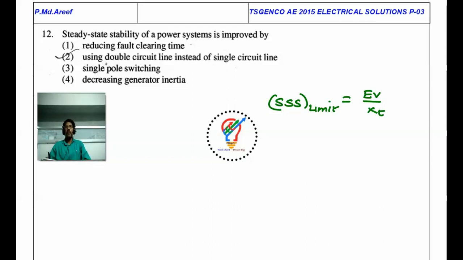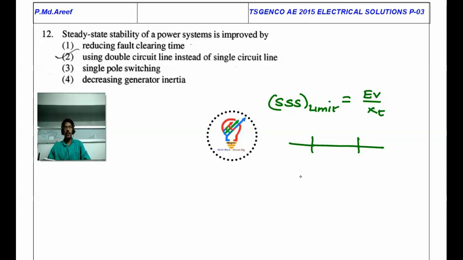So it can be improved by using a double circuit line instead of a single circuit line. What does it mean? In a single circuit line, for example, say I am drawing a single line diagram, here we have a bus bar and here we have a transmission line. So this is a single circuit line.